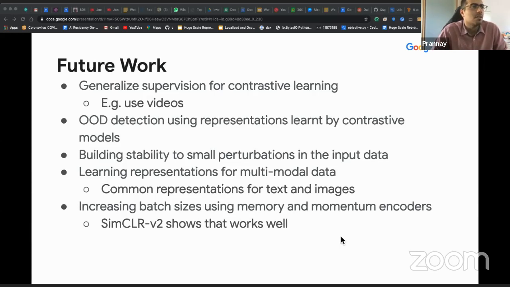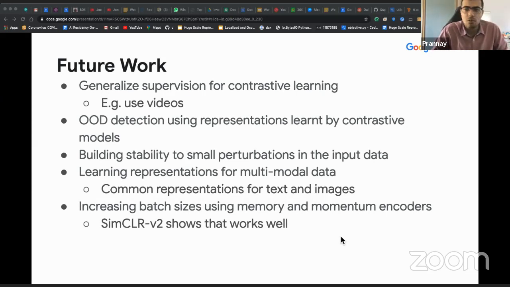And learning representations from multimodal data, which is learning similarity between text representations and images, text and videos, videos and speech. All sorts of combinations exist, and people have already started doing this. I saw a few papers coming out since this went up on arXiv. So yeah, I think very interesting.